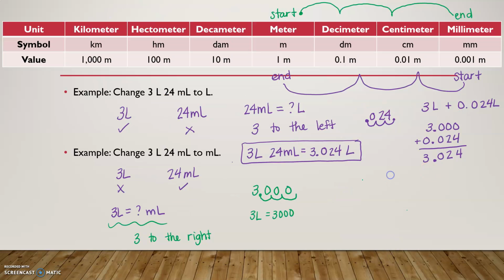So I have 3,000 milliliters plus 24 milliliters, which is 3,024. And I can say that 3 liters and 24 milliliters is equal to 3,024 milliliters. Make sure you don't do what I did and put the wrong unit of measure.